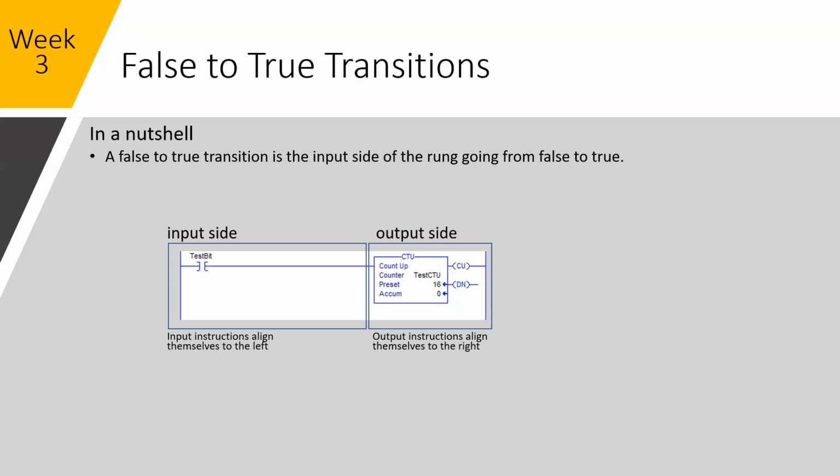You may have noticed that when you put in your OTE instructions, they will want to snap to the far right when you put them on your rungs. That's because, just like the way you would read an electrical drawing, the line side power would travel from left to right. The logic and the state of the rung will travel from left to right.